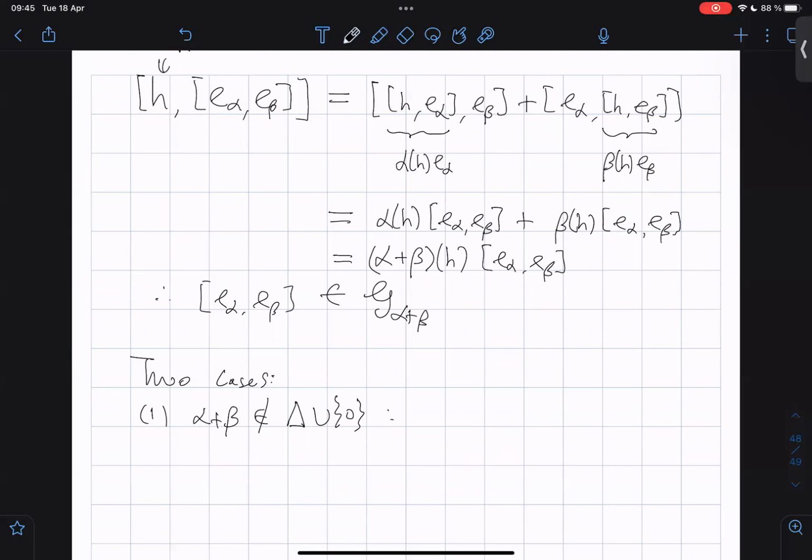If you're in this case, then you know for sure that g alpha plus beta is 0. Therefore, E alpha, E beta would be 0. Is that okay?